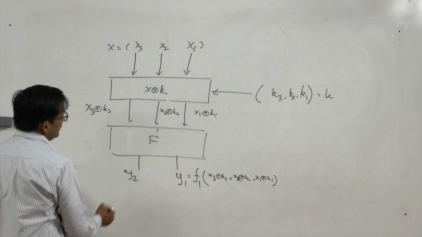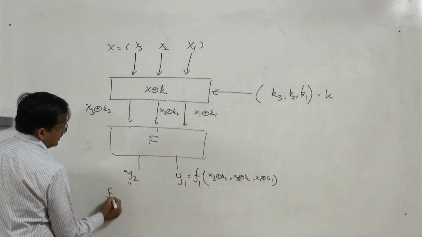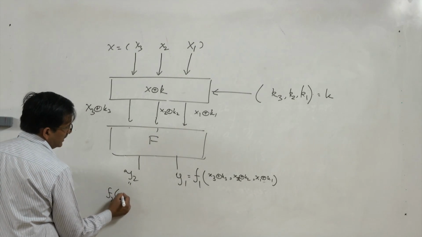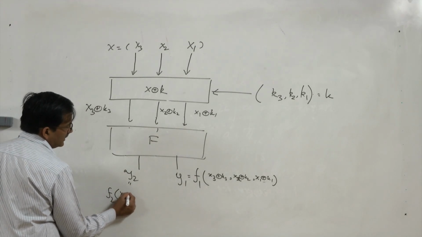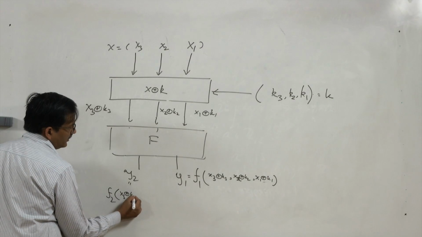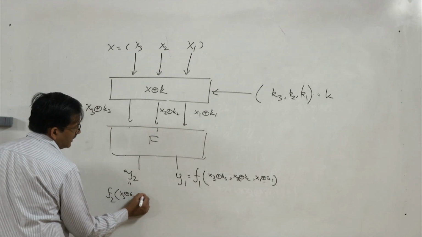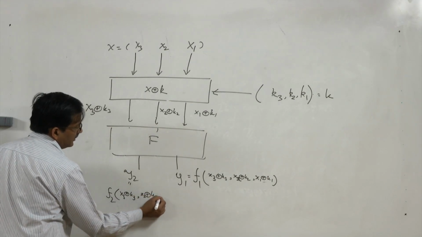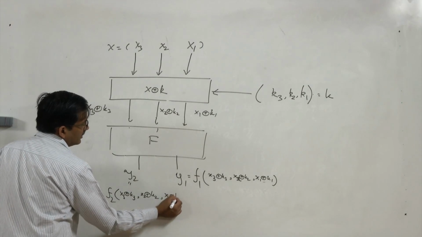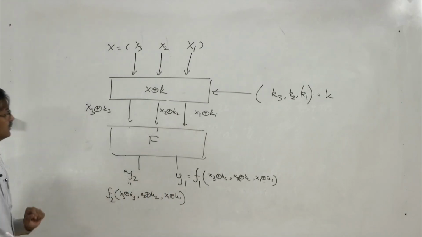And Y2 is F2, which is F2 of X3 XOR K3, X2 XOR K2, X1 XOR K1. So, I have got this.